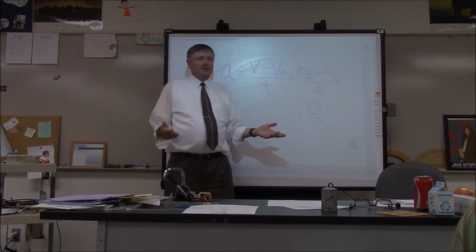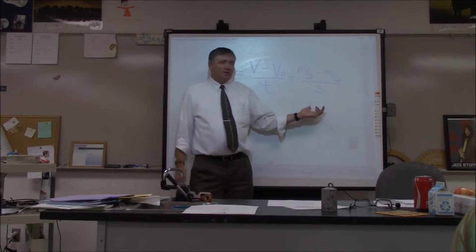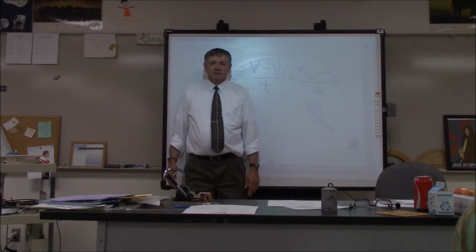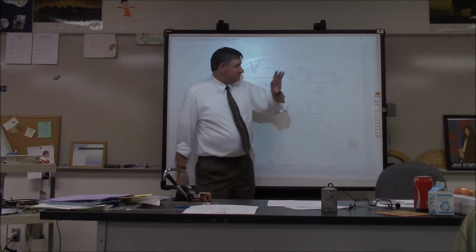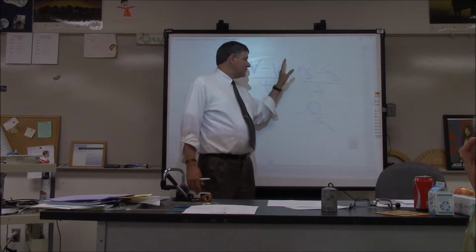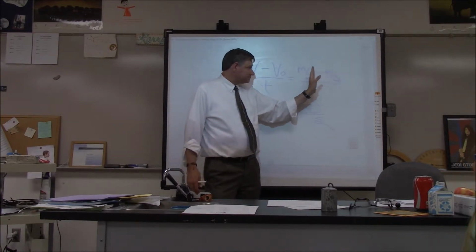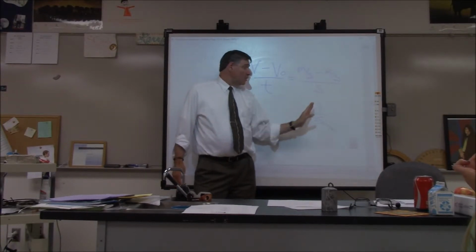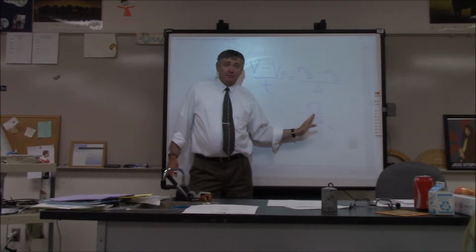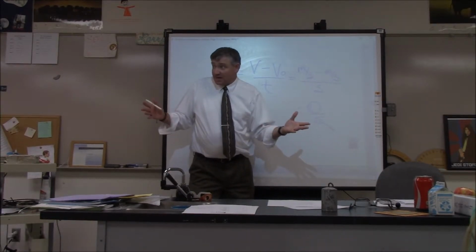Do I get 0 out of this? No. I don't know what the numbers are. But all I know is that I can take meters per second and subtract meters per second from it, and when I do that, I still end up in meters per second.